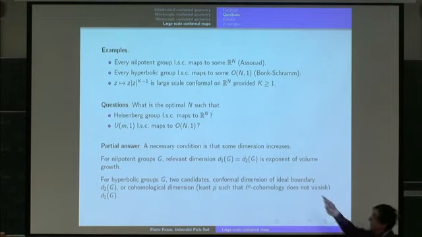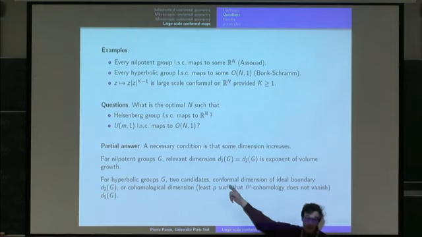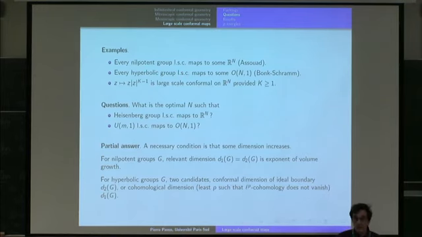And I will say that a certain quantity which sounds like a dimension must increase if you map conformally a space X to a space X prime, or a group G to a group G prime. This dimension is very different from one class to another class of groups. So in the nilpotent case, the dimension is simply the exponent of volume growth, which is not a big surprise. For hyperbolic groups, we have several notions of dimensions attached to them.